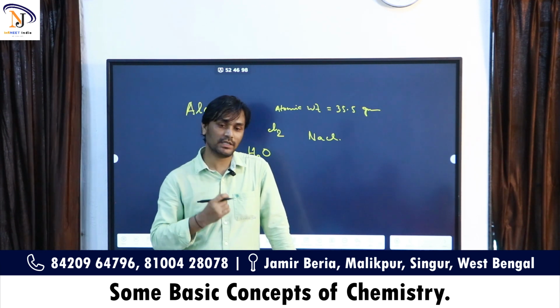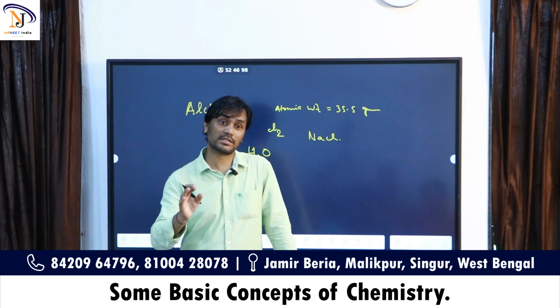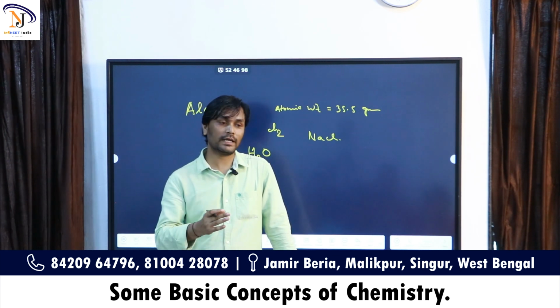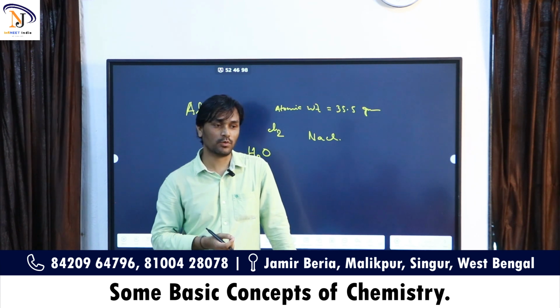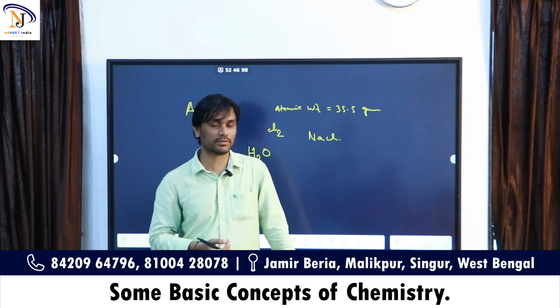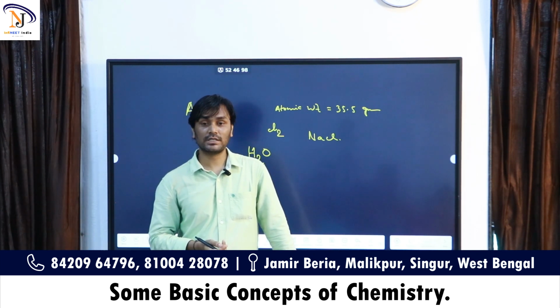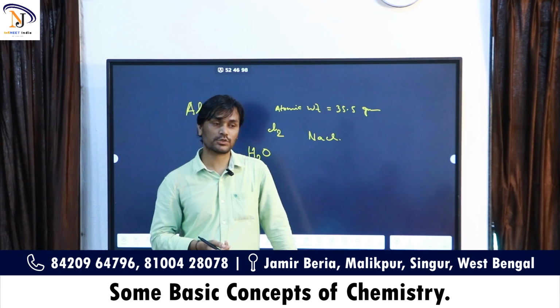So it can reach the octet very easily rather than releasing 6 electrons. Which one is the easiest way? It will take 2, and then the octet is complete. Why would it release 6? That's why its valency is always 2.